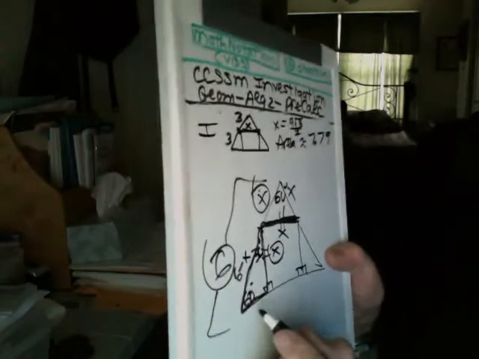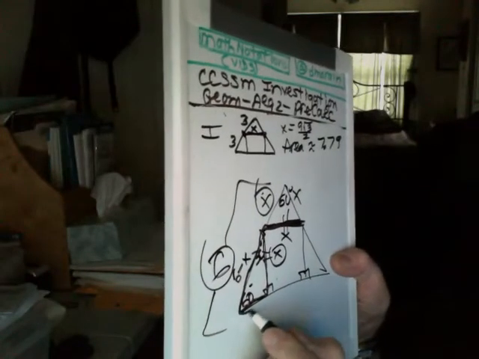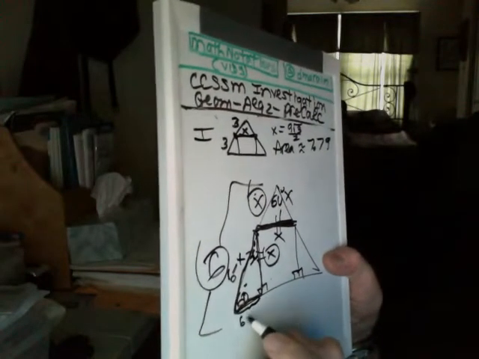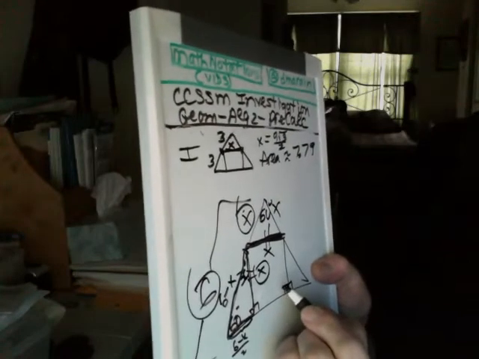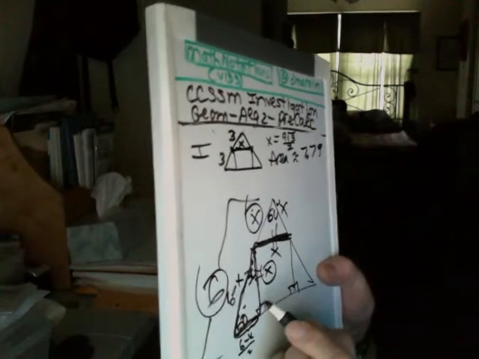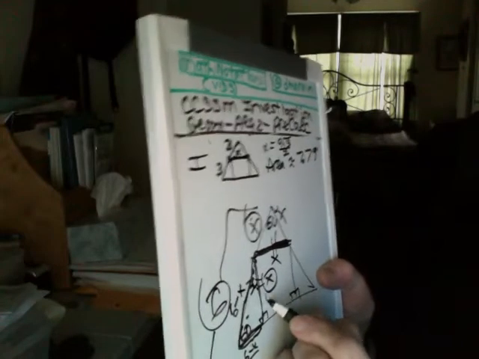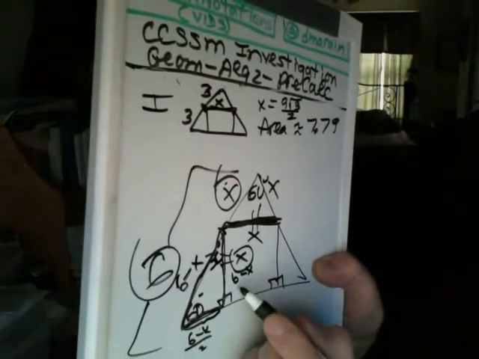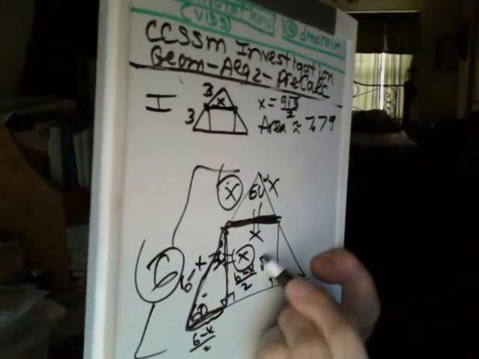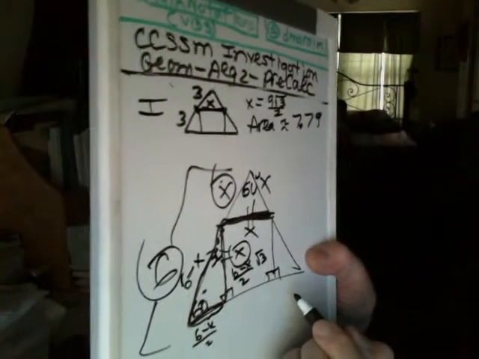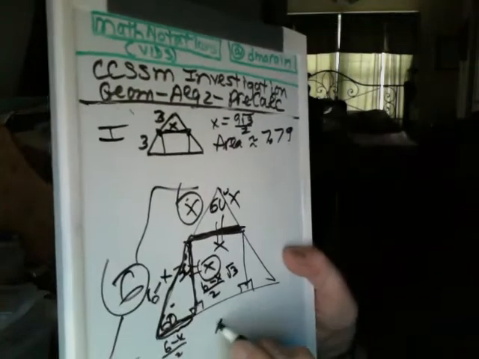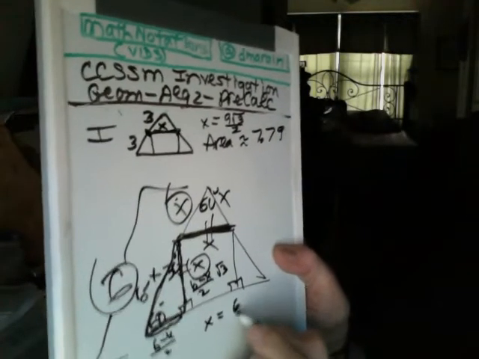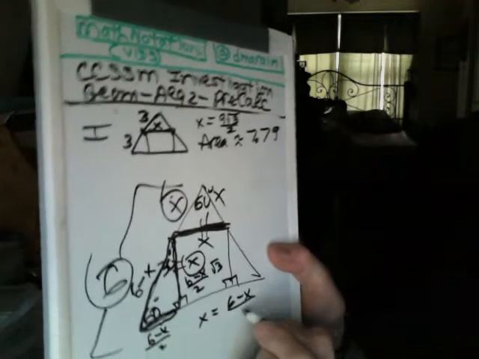So this is the side opposite the 30, the shorter leg, so it's (6 minus x) over 2. And then the side opposite the 60 would be (6 minus x) over 2 times the square root of 3. So now we have two ways to represent this side. It is both x and it is this expression.